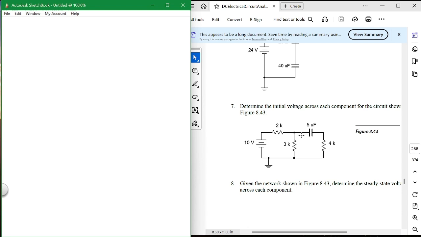So what would be the initial value across each of the components of this circuit? Here you have to lead with the capacitor, and you draw this as a circuit at initial conditions.